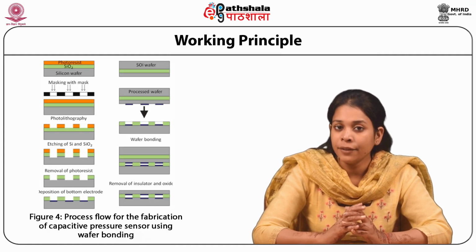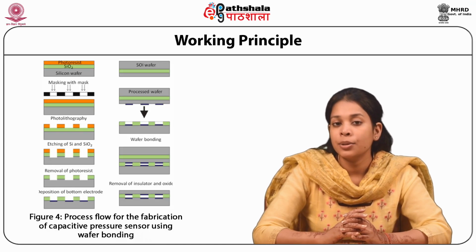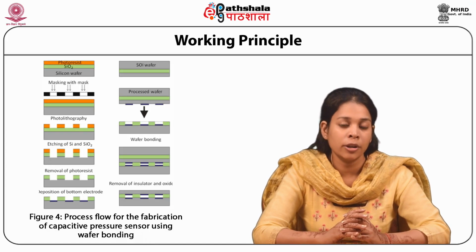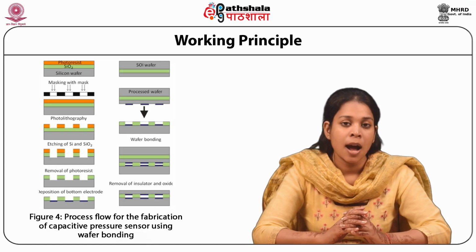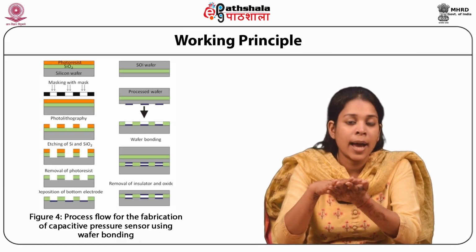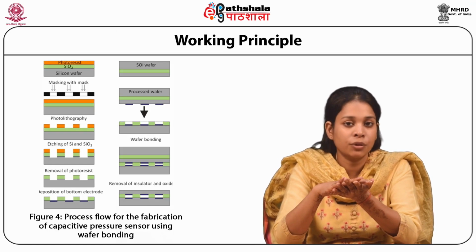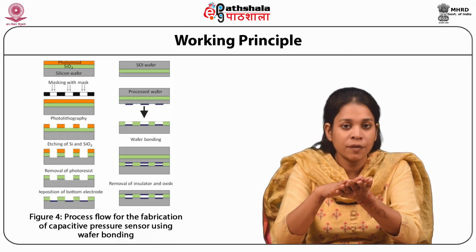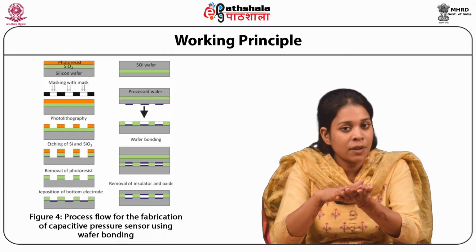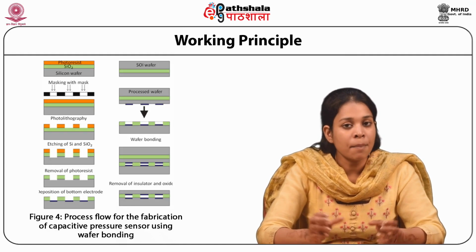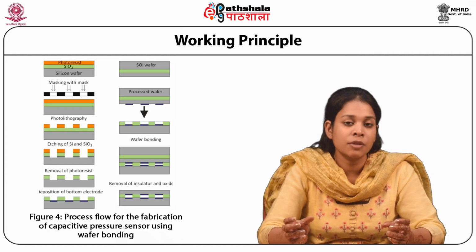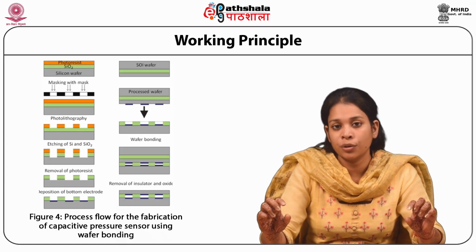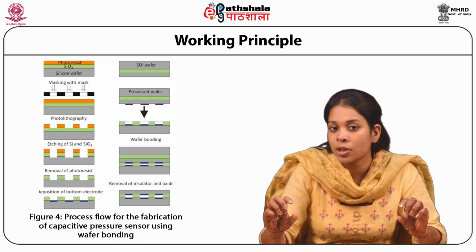After that, a desired photomask has been chosen, and using conventional photolithography, the pattern has been transferred onto the wafer. After development, there are some parts which are uncovered, not covered by the photoresist, and a few parts which are covered by photoresist, represented by orange color.